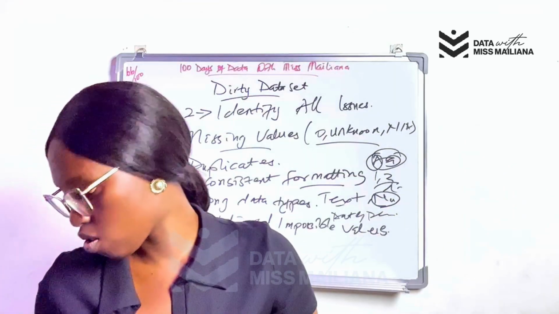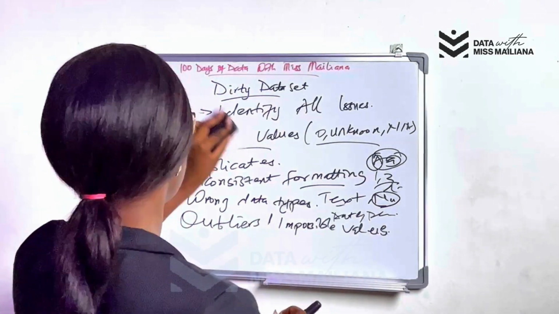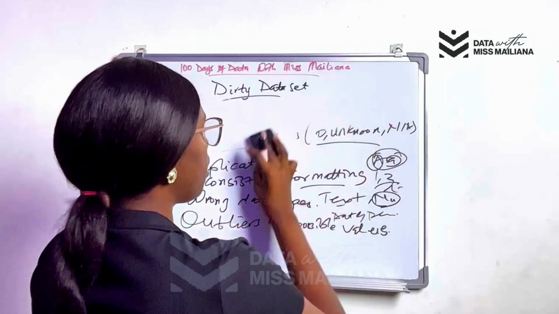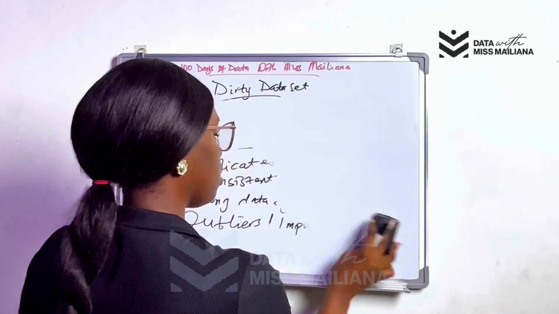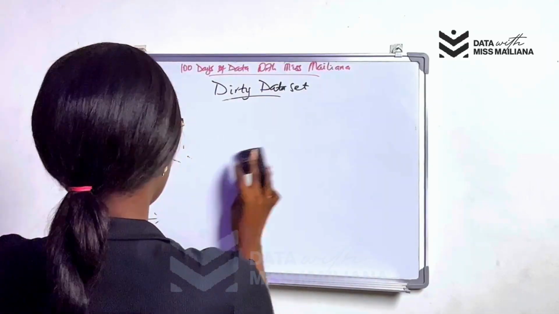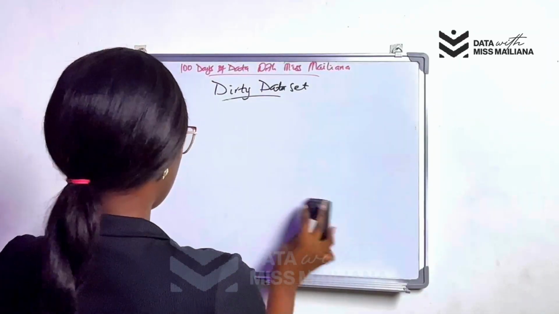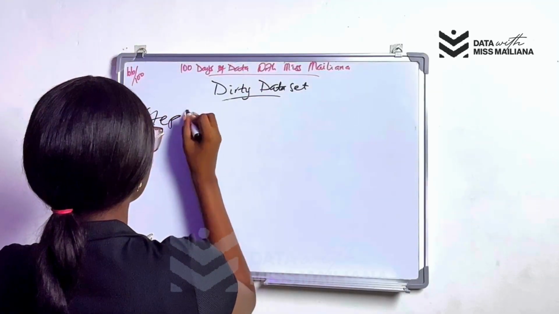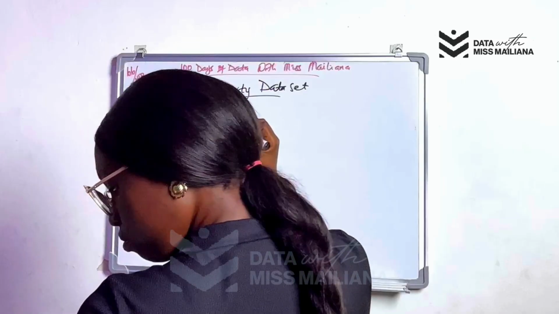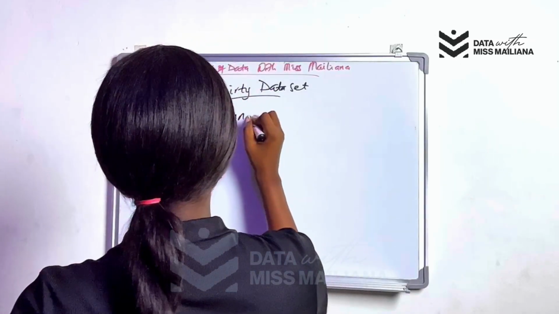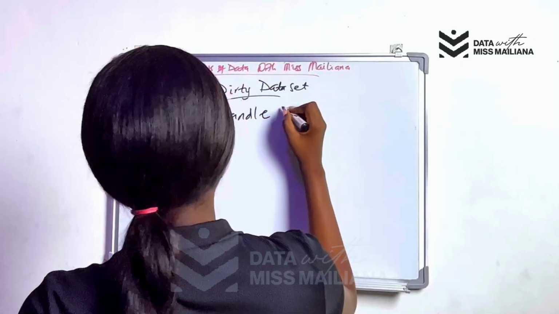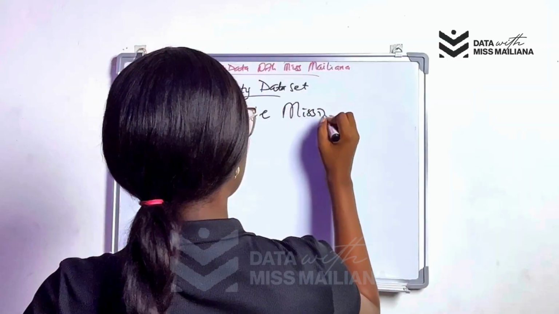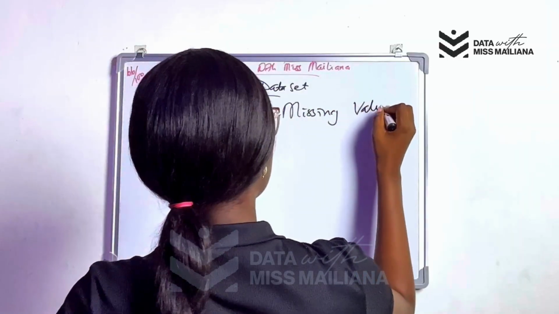Then the next thing you go into is step number 3: handle missing values.